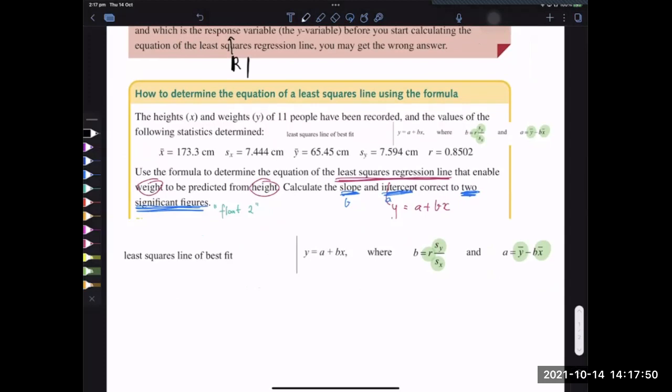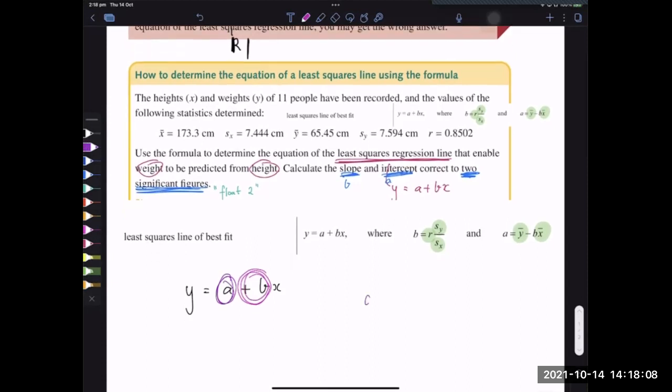We want to find y equals a plus bx. What we need to find first is our a, and we also need to find our b. We know how to find our a, using our formulas. a is equal to y bar minus b times x bar, right?